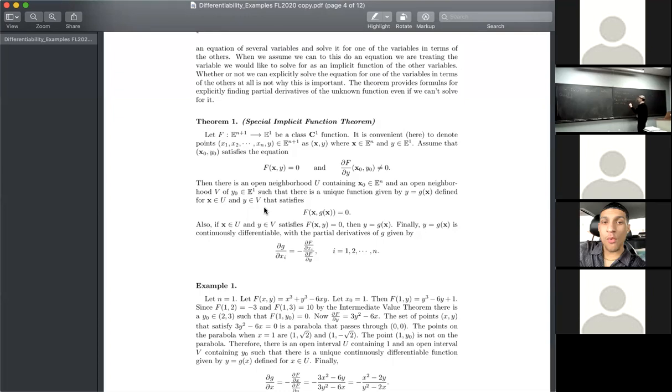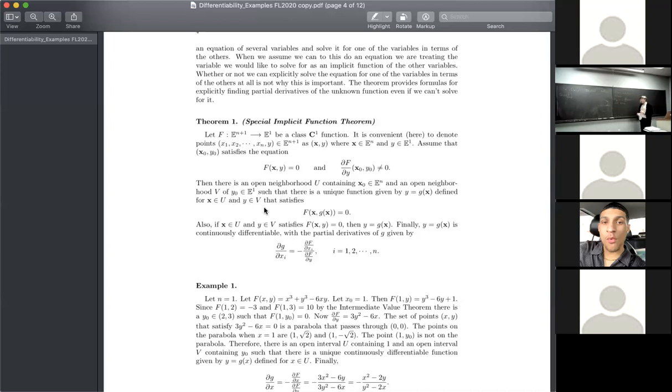Okay, so that's this y naught here. And in a neighborhood of this point, there is only one function. So if I'm in 2 dimensions, we're trying to say, okay, if I'm at this point here, in a neighborhood of this point, a neighborhood is something down here, I have a function of x.